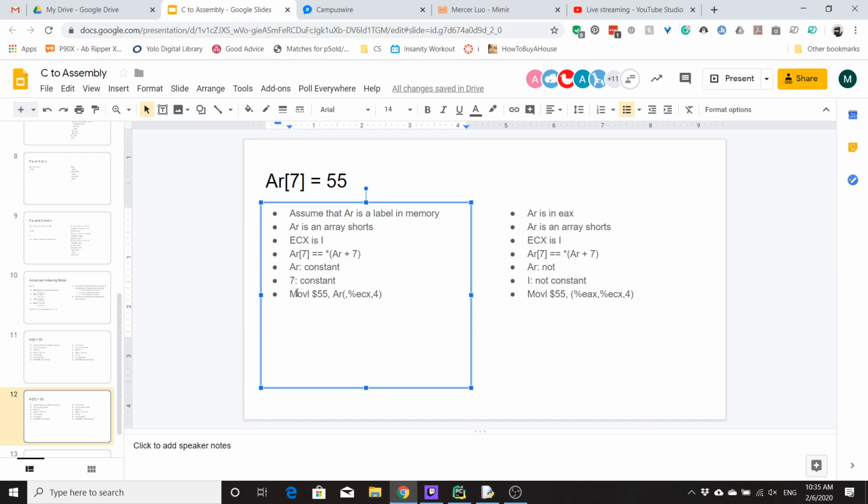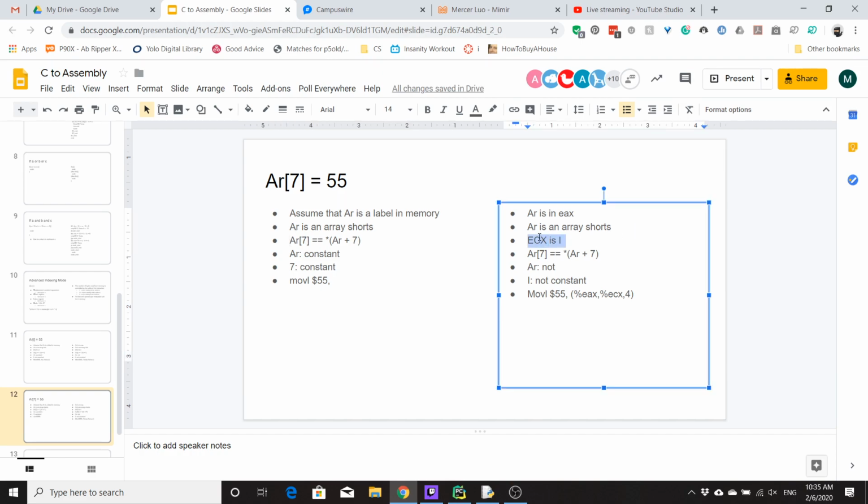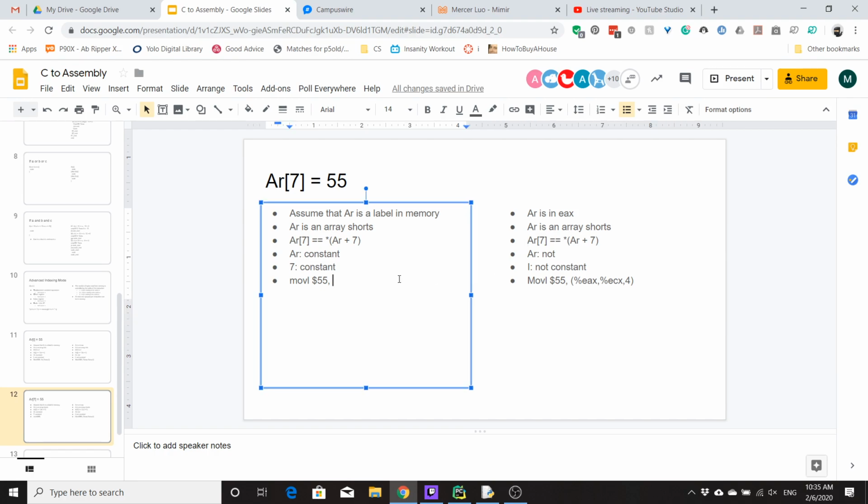So here we're going to move L55 to where? Again, there's no ECX here in this problem because we don't have a non-constant. So what are we going to put in the displacement field, the D field?